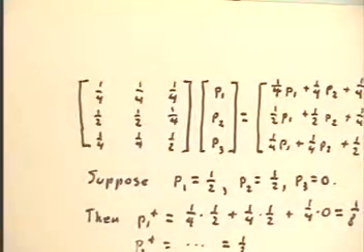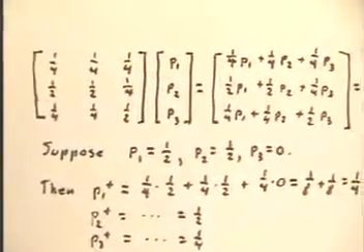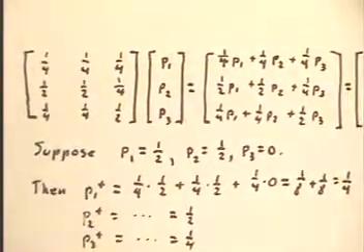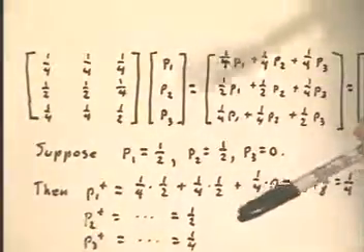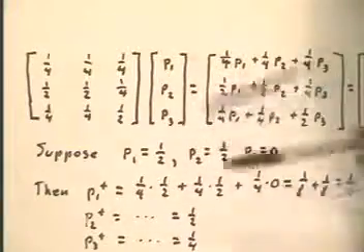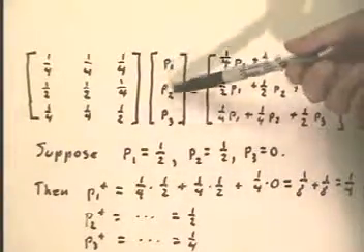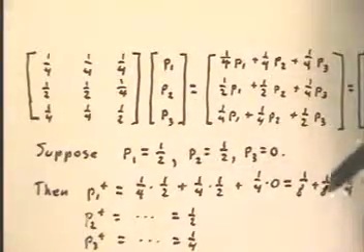Now we can put the model back into the P1, P2, P3 model. Here are the same numbers that we just had in the transition matrix. Instead of up, down, and same, we have P1, P2, and P3.